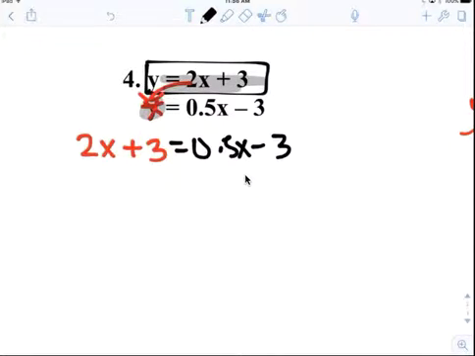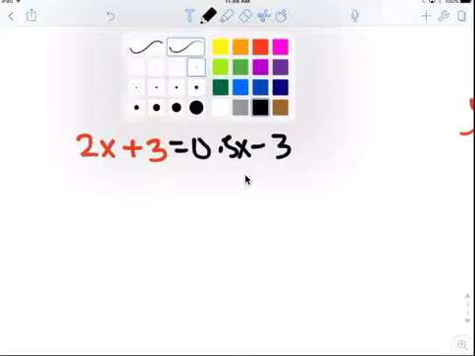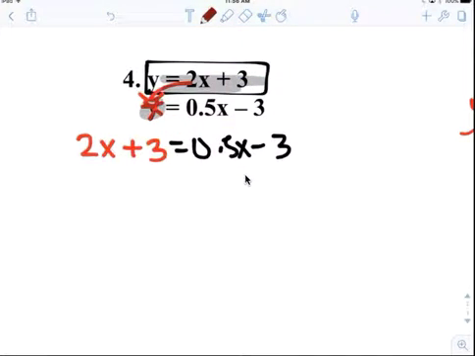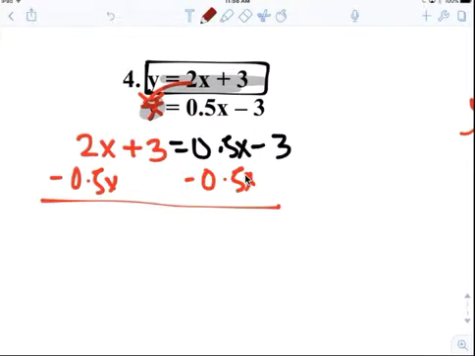Now I would make whichever one equal to 0. I'd make this one equal to 0. 0.5. Use a calculator here. Subtract this in a calculator right there, and you would get 1.5x. I'm going to use black here.